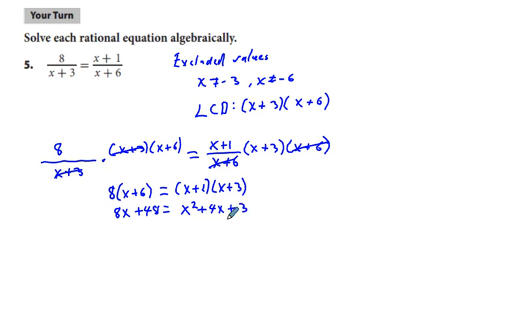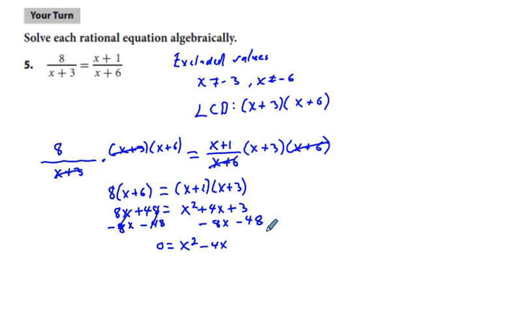And now we're going to get in standard form by subtracting 8x and subtracting 48. That's 8x, not very legible, so minus 8x minus 48. And then we have 0 on the left side now. On the right side, we have x squared, and we have 4x minus 8x, which is minus 4x.